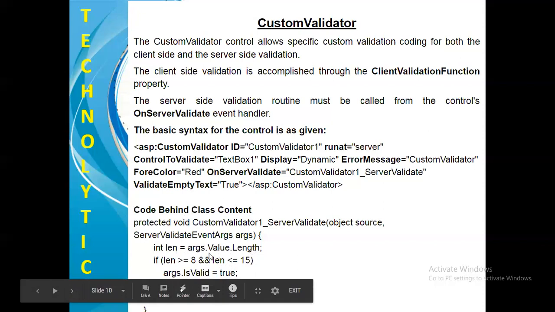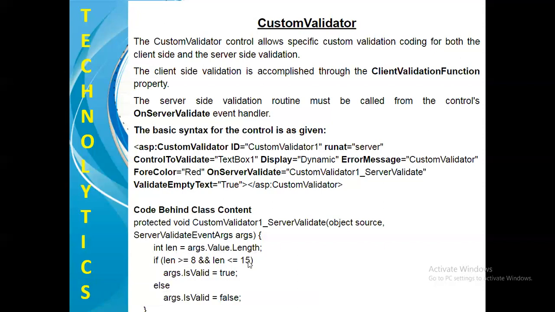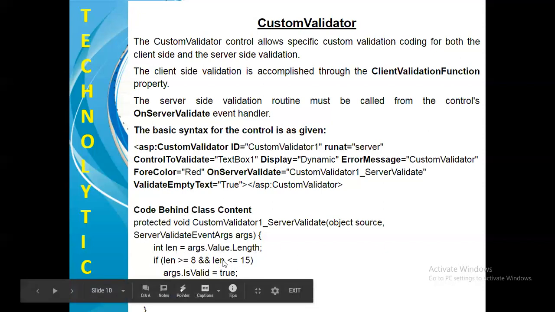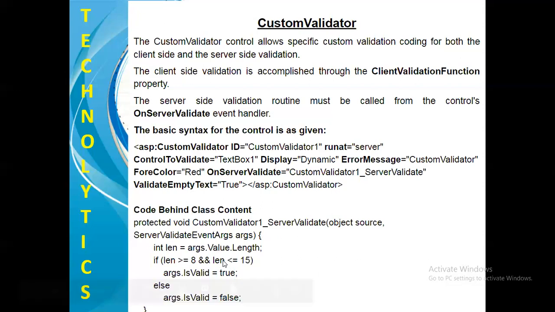Then I'm checking the len variable against the numbers 8 and 15: it should be greater than or equal to 8 and less than or equal to 15. Both conditions should be satisfied. In short, it should be in the range 8 to 15. Then I'm making the value of the argument true. Otherwise, I'm making the value false.